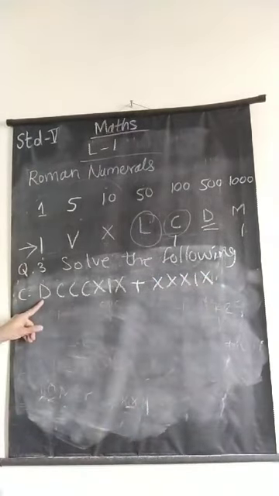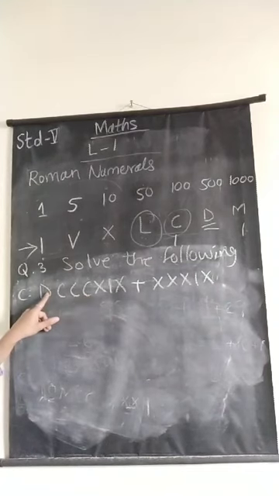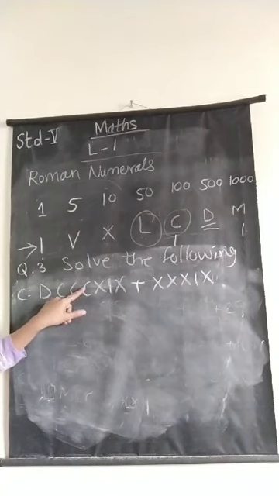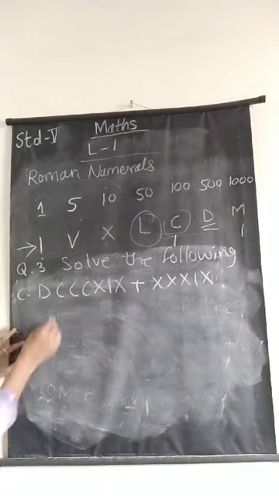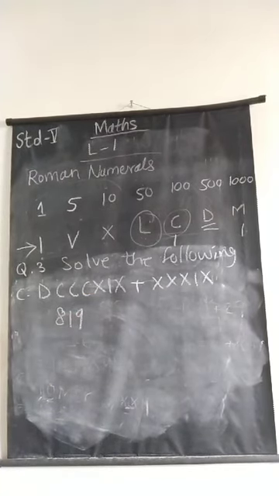Now D stands for 500, C stands for 100. So 500, 600, 700, then 800, 810, and this will be 19. So 819. How to write? Just take the addition, okay?